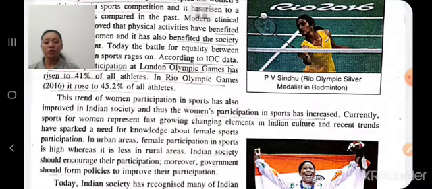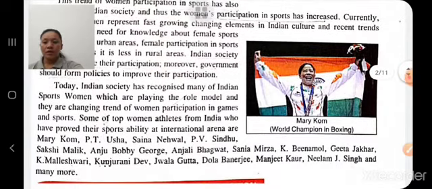Currently, women are taking part in games and sports, and the society and the government also support women's participation. Indian society encourages the participation of women in sports by providing many facilities to women.